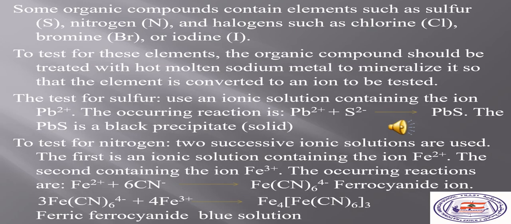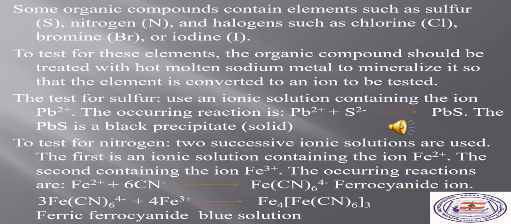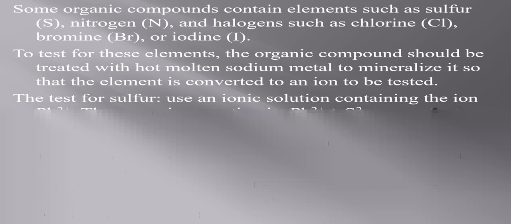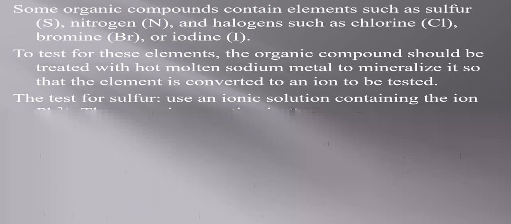Now, so far, we discussed that organic compounds are compounds containing the elements carbon, hydrogen, and oxygen. And the most important element to classify that the compound is organic is, of course, the element carbon.